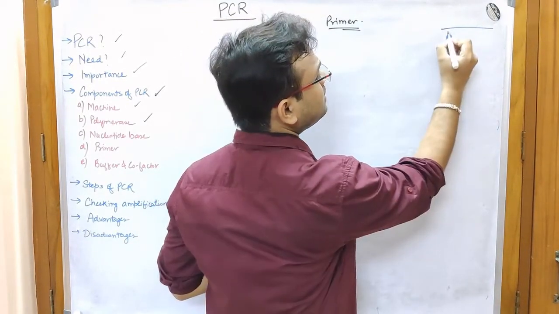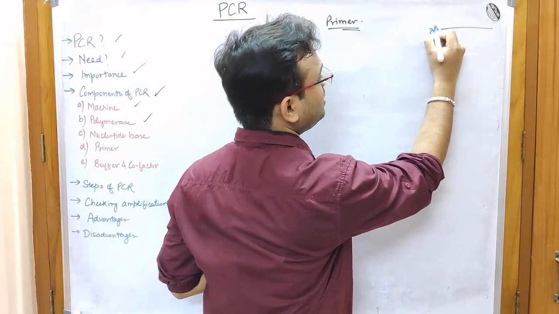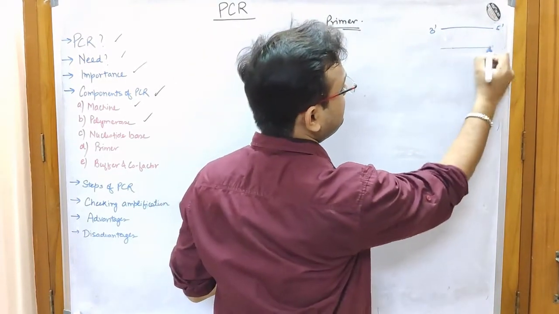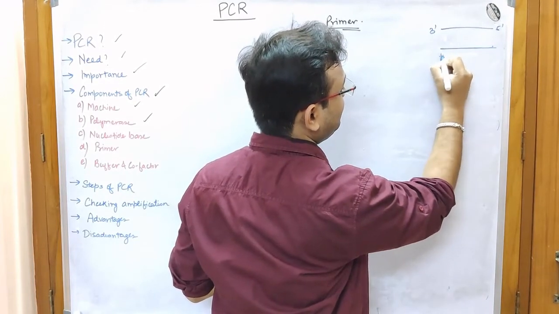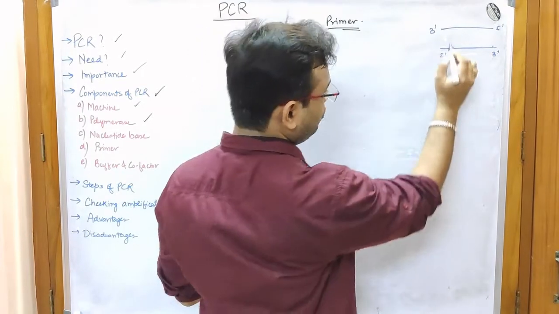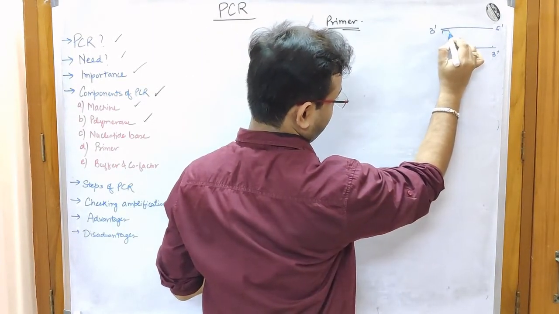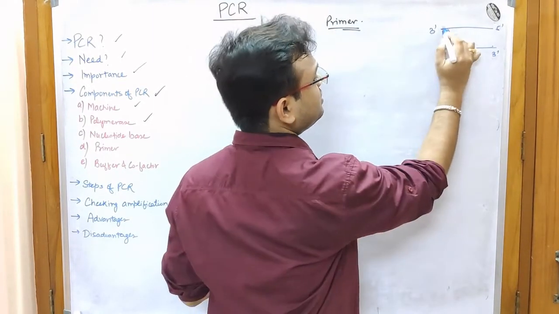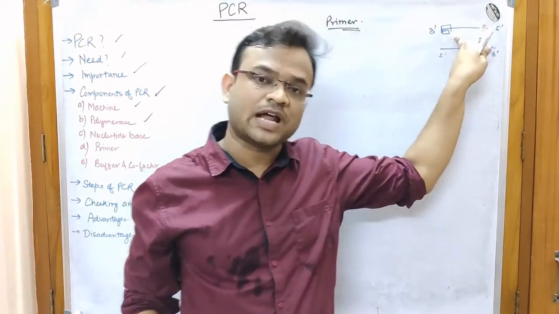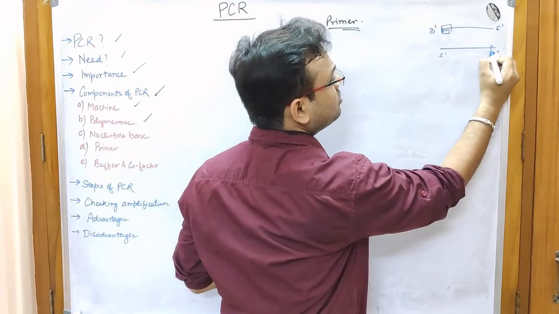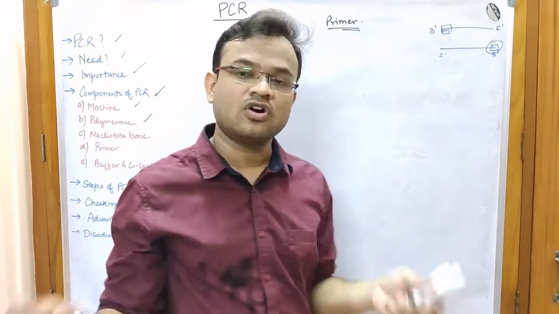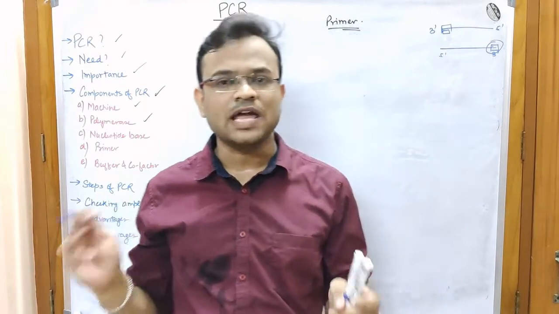Suppose this is from 3' to 5' end, and another strand is present which is from 5' to 3' end, right? You have to have the information about this particular stretch of DNA, because you will have to design the primer for this. Similarly, for this region also you need to get the information, because you will have to design the primers.